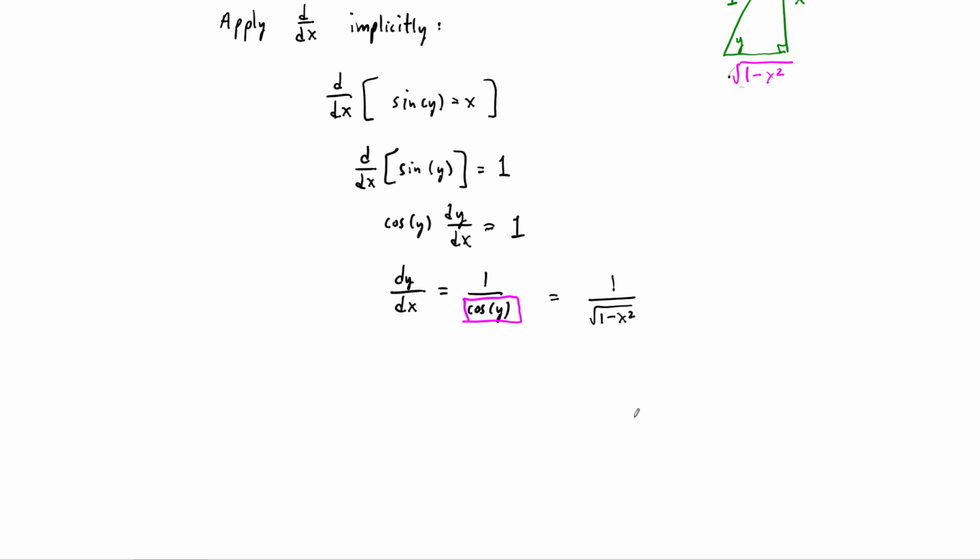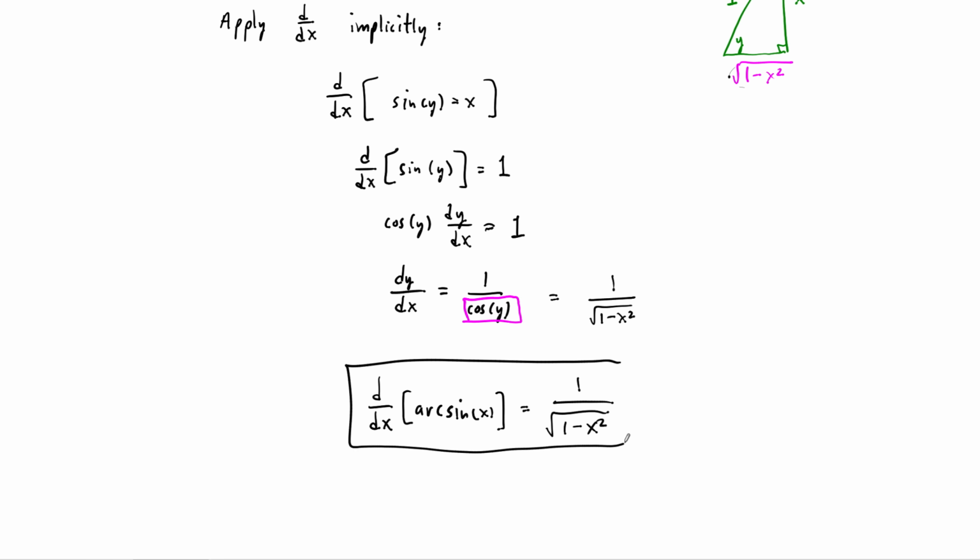At the end of the day, we have computed, using implicit differentiation and our knowledge of geometry, that the derivative of arc sine of x is equal to 1 over the square root of 1 minus x squared.